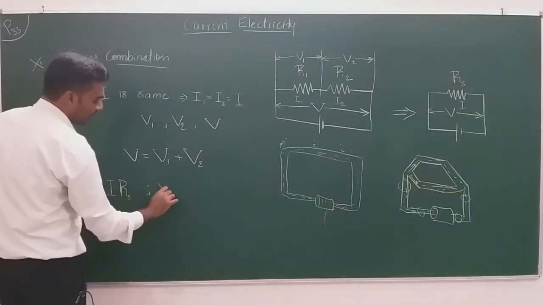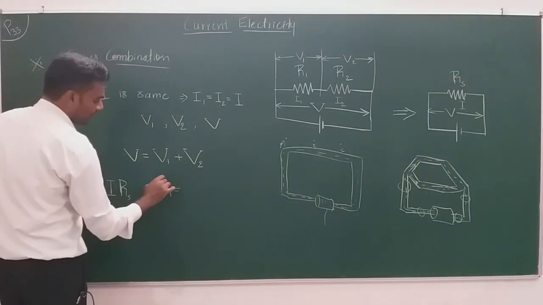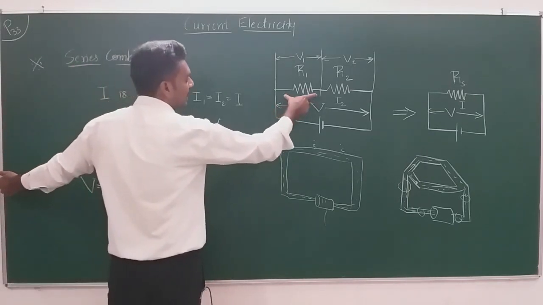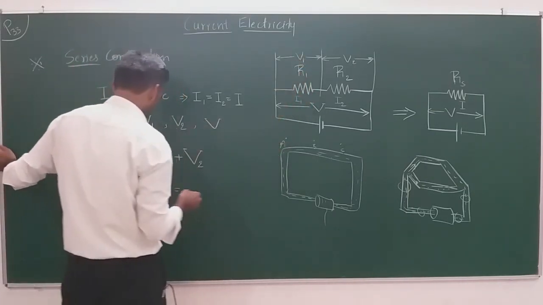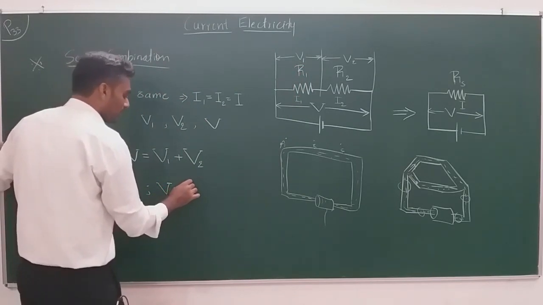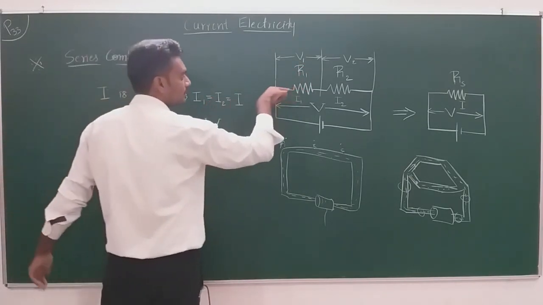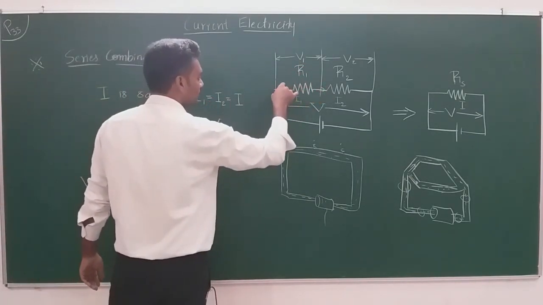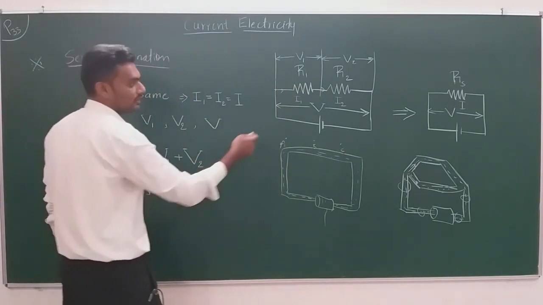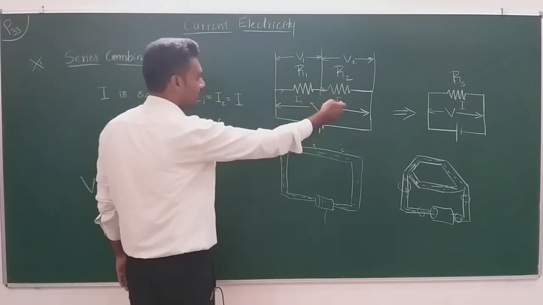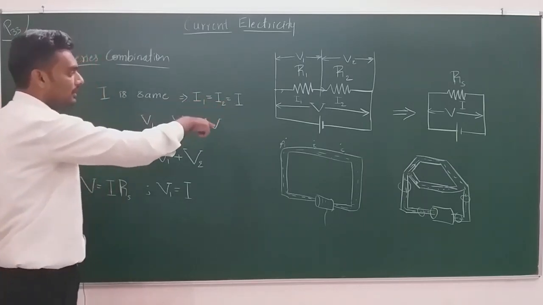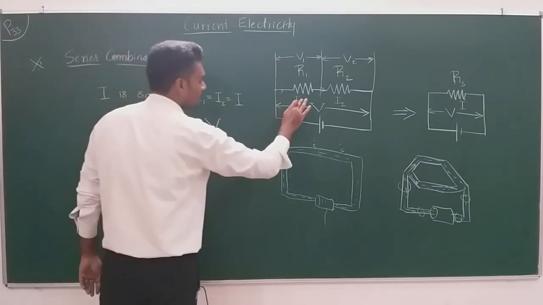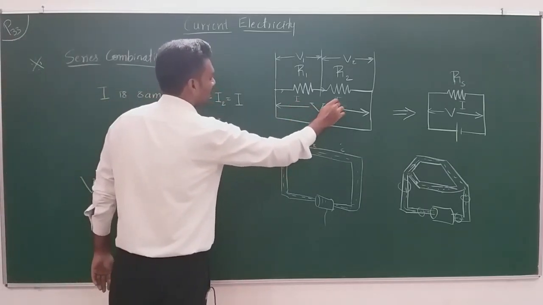And similarly V1, the voltage across R1, is V1, right? V1 is equal to the current through that, which is I itself. Since they are all equal, I1, I2 and I, I can simply take them as I. I don't need to write them as I1, I2.